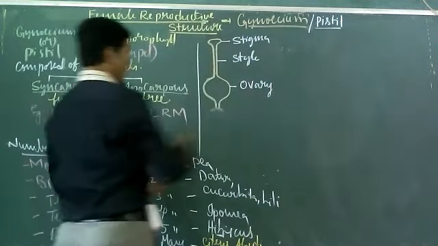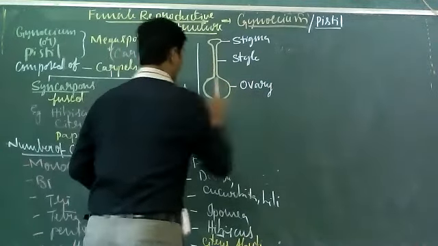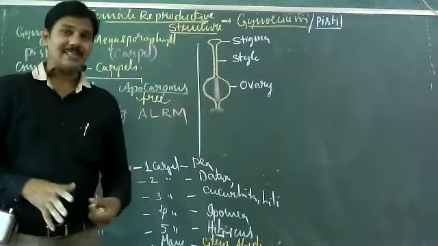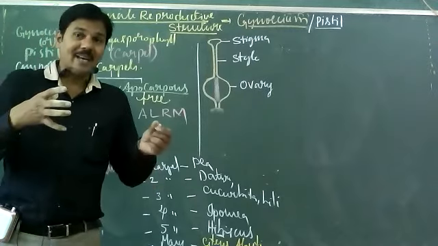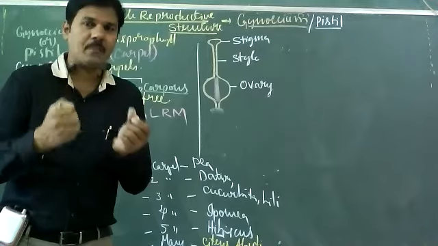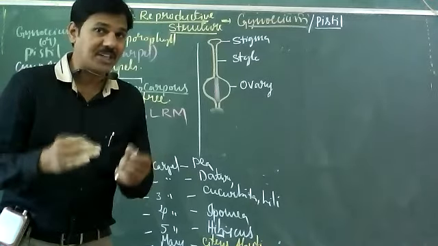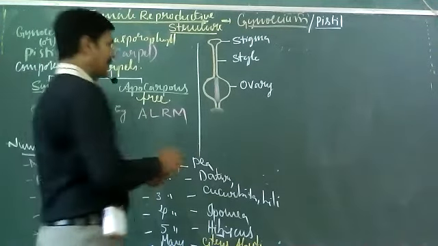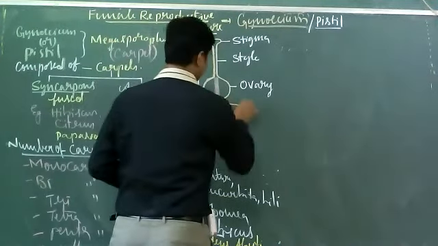In the ovary, mostly in the central region, there is a soft cushion-like tissue. That soft cushion-like tissue is called as placenta.